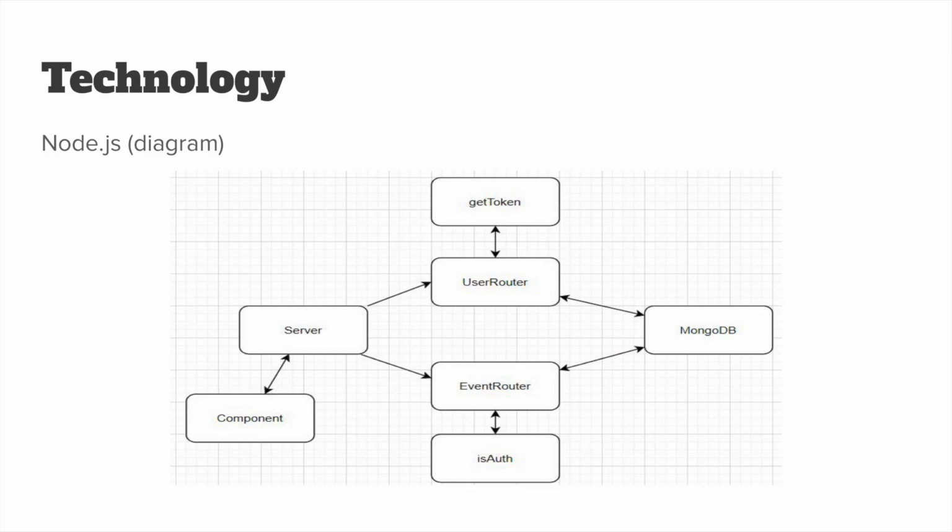The diagram shown here is how the communication flow of our application looks. The front-end components communicate with the server, and the server sends requests to the database through routers. We have two routers in our application. The first one is the user router, which is for authentication purposes, such as sign up and login.